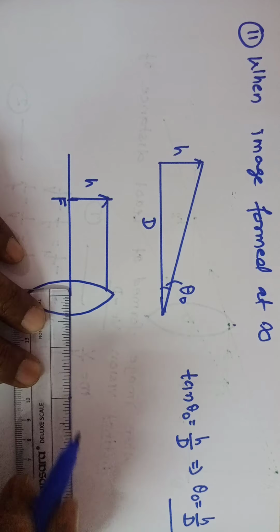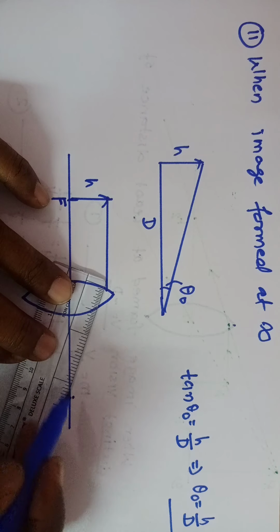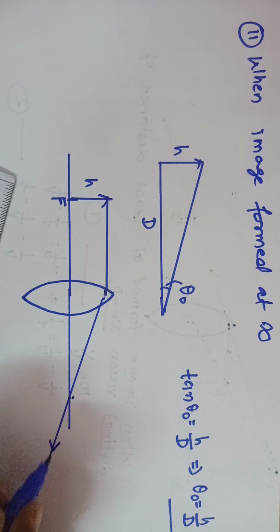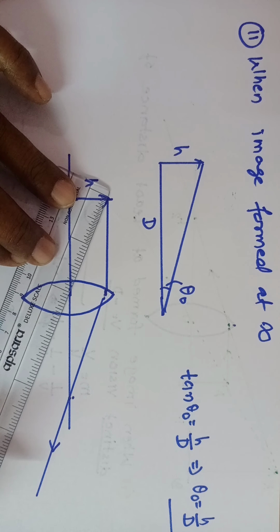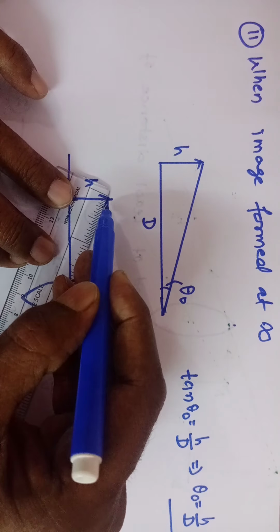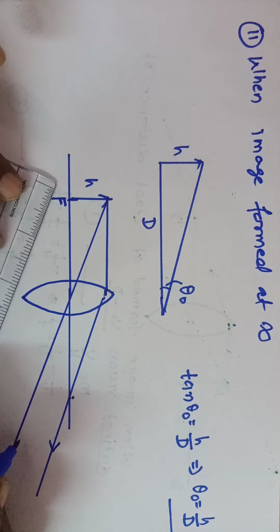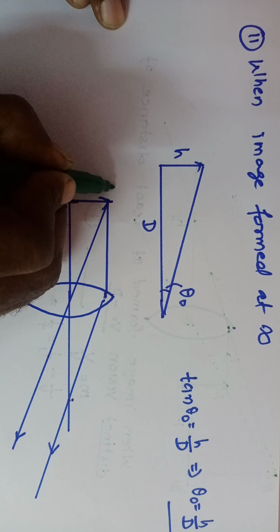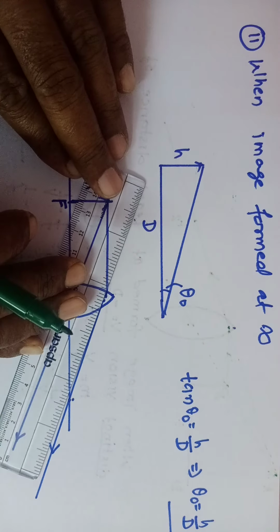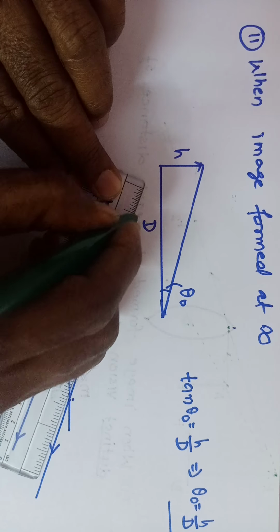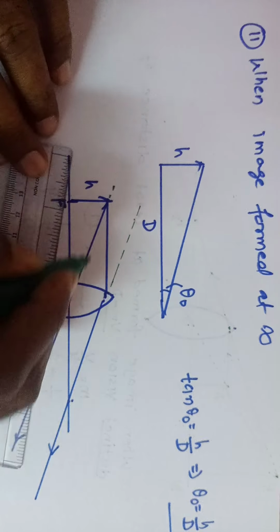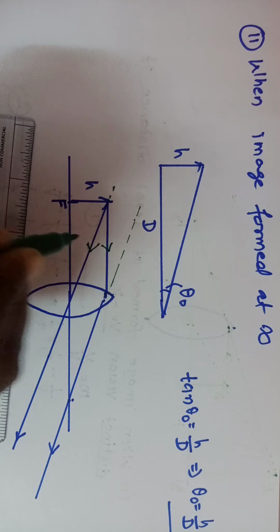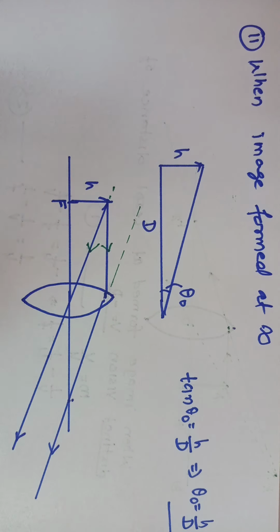The ray will pass through the focus, and one more ray will pass through the optical center. See, both the rays will be parallel, they will not meet in any condition, either this side or even this side. So these two parallel rays will never meet and image will form at infinity. The arrow is a must. Sometimes the examiner cuts half mark for the arrow. This is theta I.